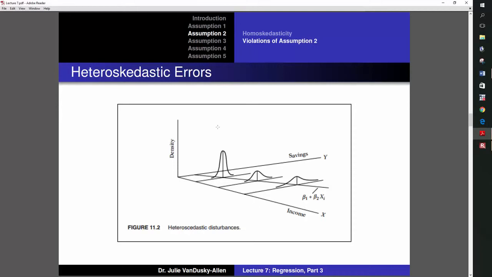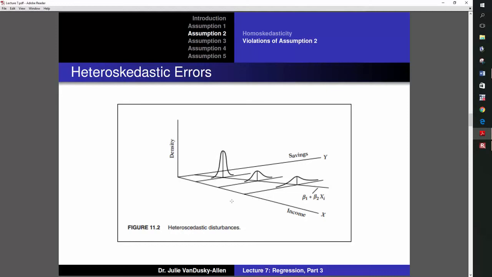Now, the mean of all of these errors should collectively be 0. But the errors are distributed in a different pattern across these values. The regression model is really good at predicting savings when income is low, as illustrated by this thin distribution here. The mean of the errors is low, and most of the errors are close to that mean.